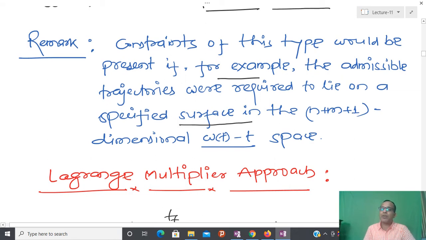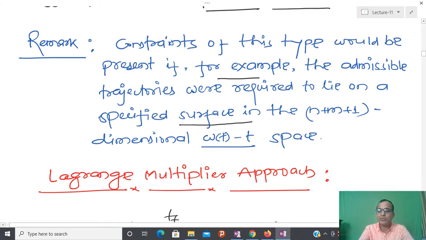One is the dimension for time, n is the dimension of the state, and m is the dimension of the control, and we have to force our admissible trajectory onto a specified surface. Whenever we do trajectory generation or path planning, suppose we have to set our satellite in some specific orbit, this kind of constraint comes into the picture.